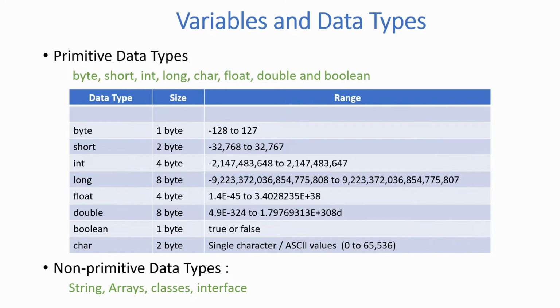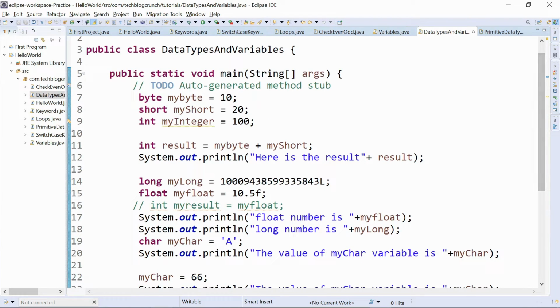Now let's talk about variables. The variable is the basic unit of storage in Java. How do we declare a variable? How do we define a variable? We have all seen that. If you see here in our program, we have declared a variable of type byte. If we don't assign any value to it, it is just called a declaration.